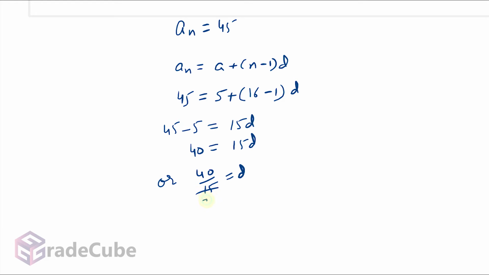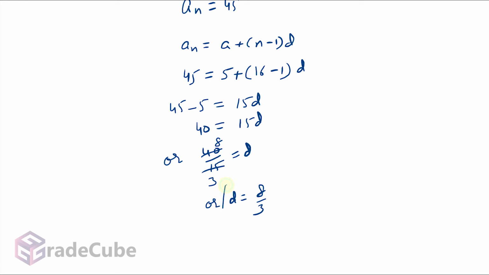Cancelling out, it is 8 upon 3. So d equal to 8 upon 3. Okay, so this is the value of d, the second answer.